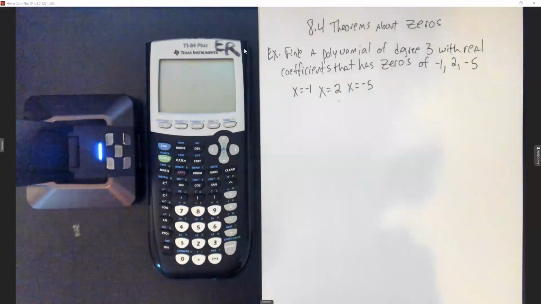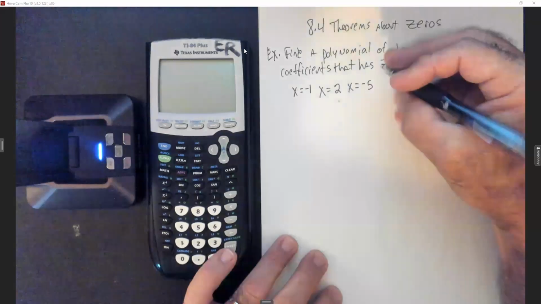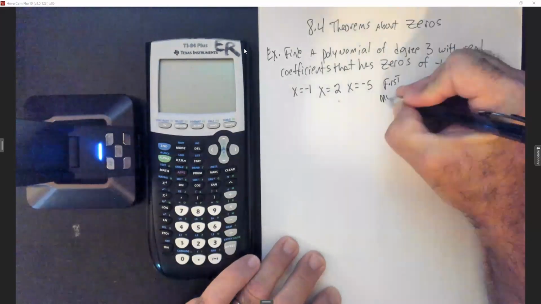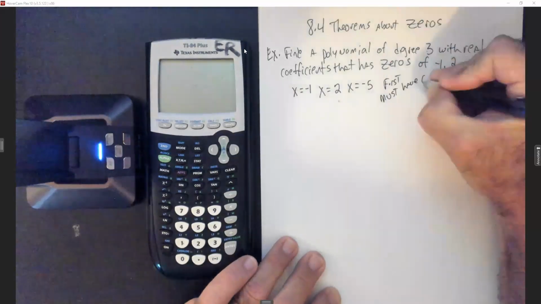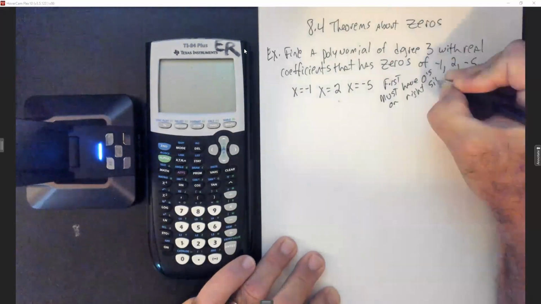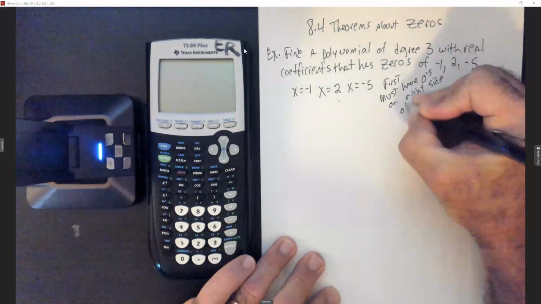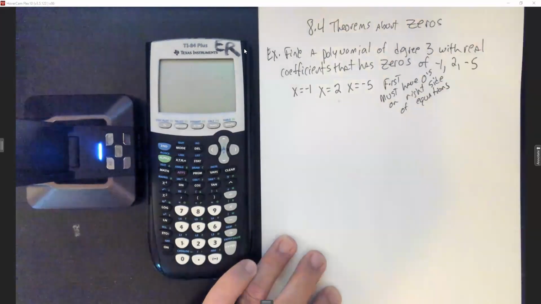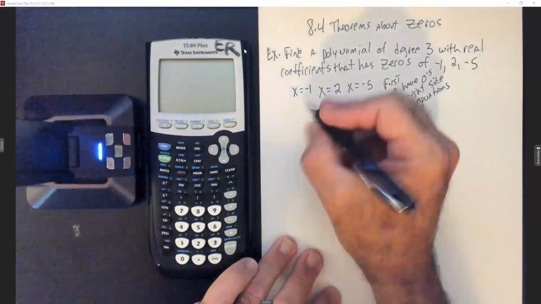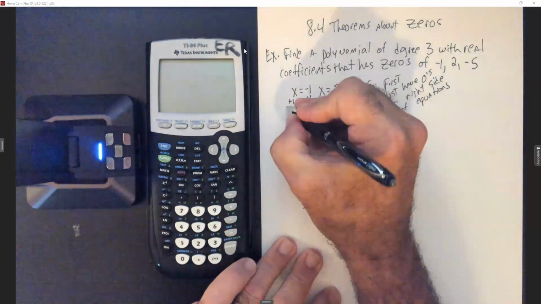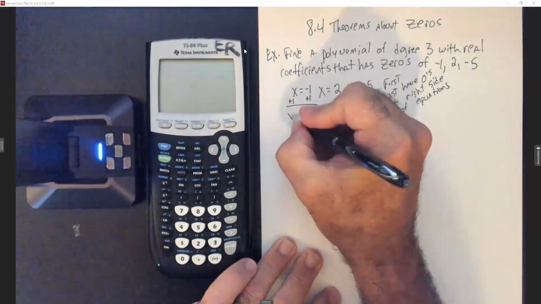To go the other way, the first thing you must have is zeros on the right side of the equations. So to get a 0 on the right side of all these, I'm going to do the opposite. The first one, you would add 1 to both sides, and you get x plus 1 equals 0.